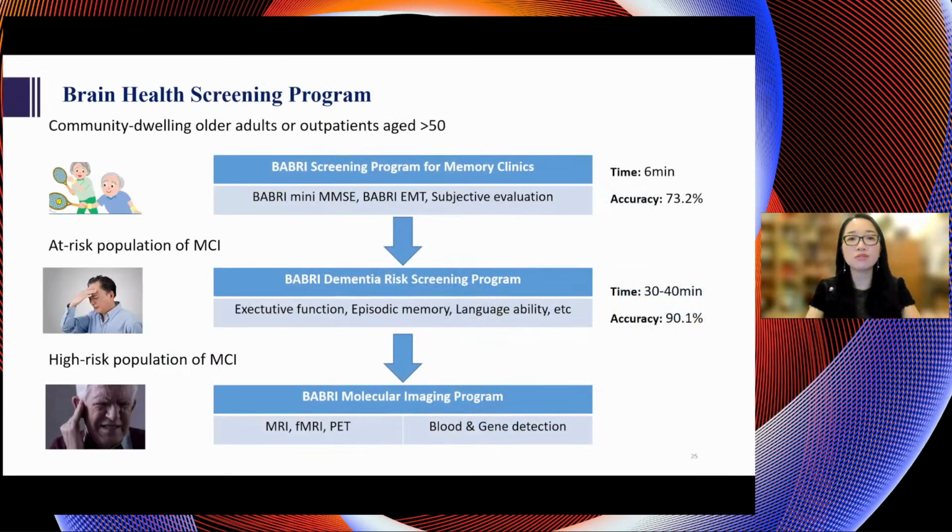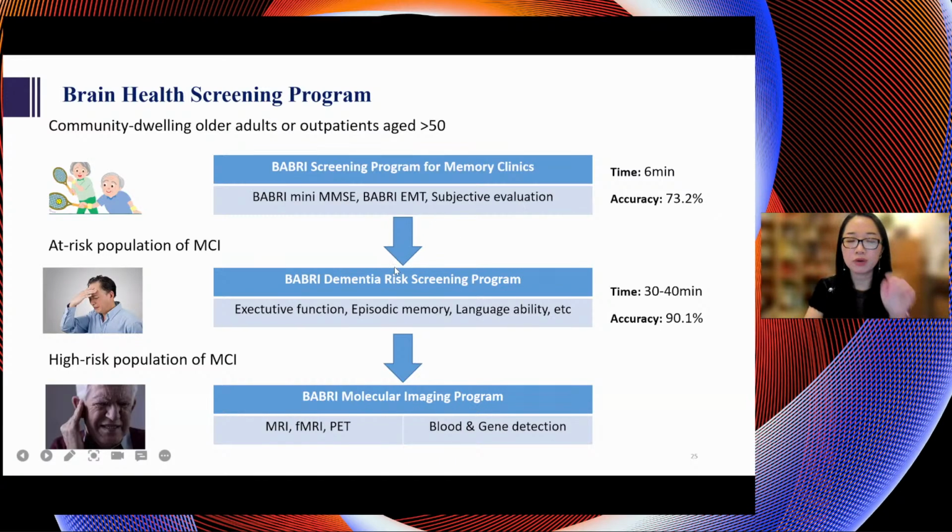So for the brain health screening programs, we have 3 tiers, 3 different levels of programs. One is what we call the BABRI screening program for memory clinics. This is a very fast and rapid assessment, around 6 minutes, including mini MSI, EMT, and subjective evaluation.